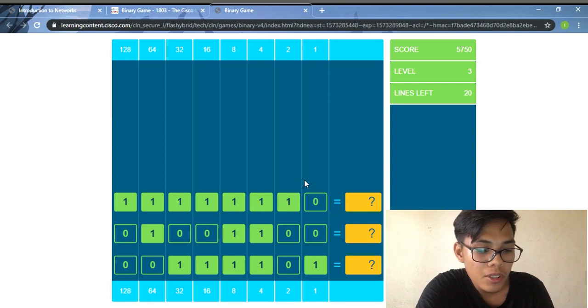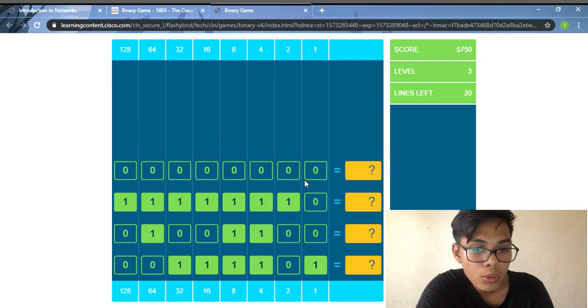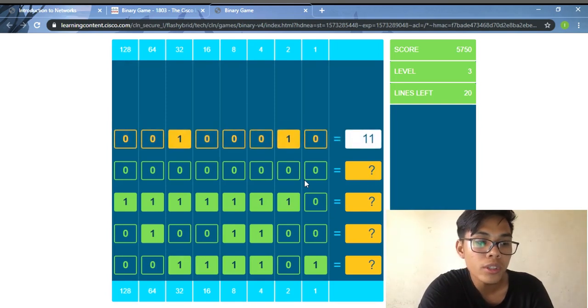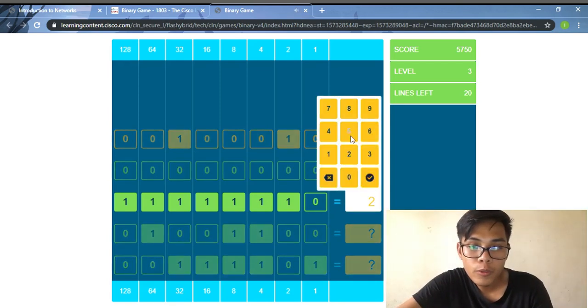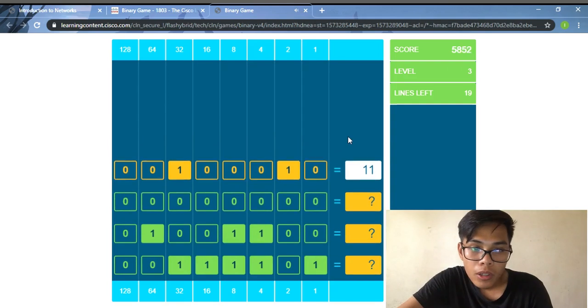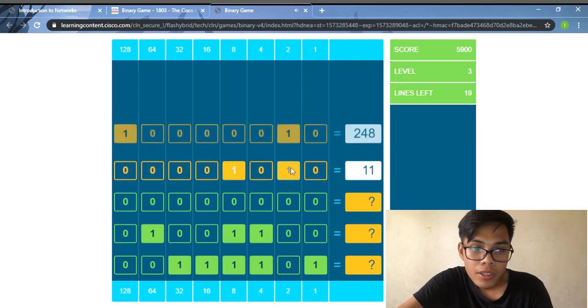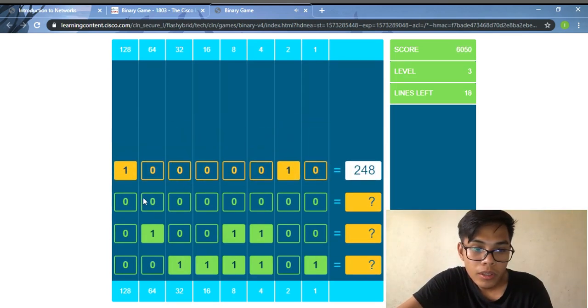128 plus 64 is 192 plus 32 is 224 plus 16 is 240 plus 8 is 248 plus 4 is 252, so plus 2 is 254, so here is 254. 11 is this and this, so 248.